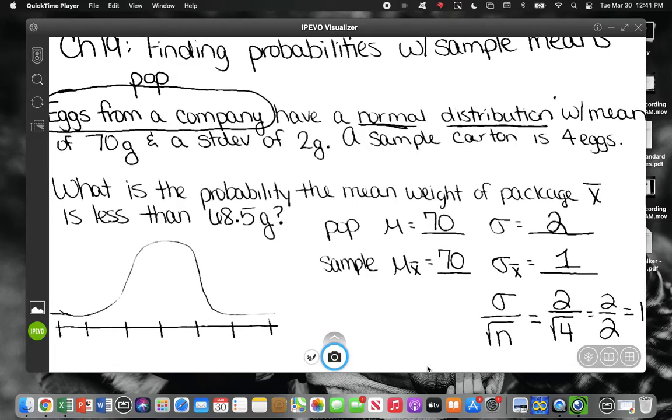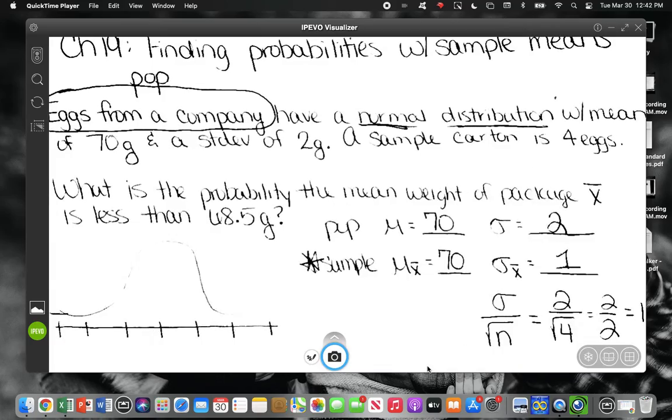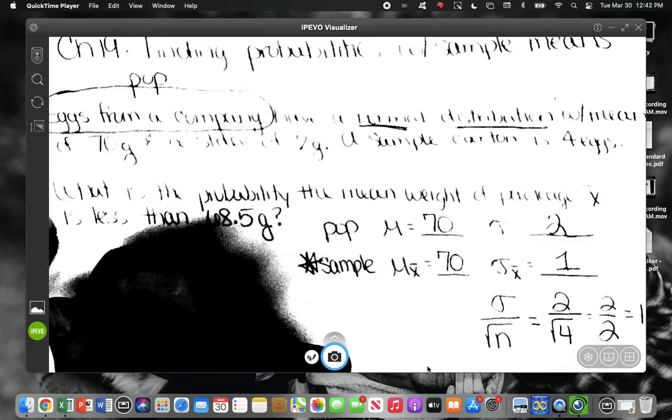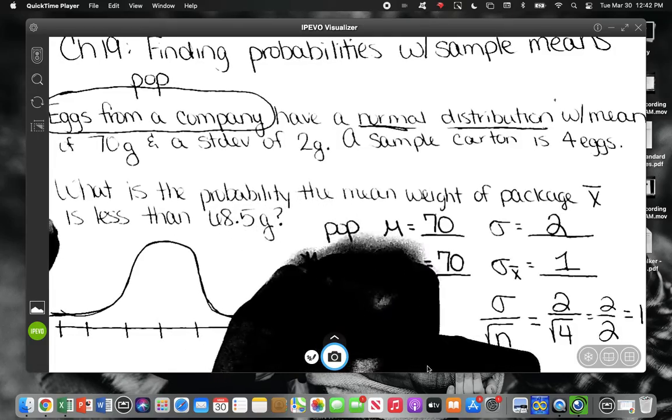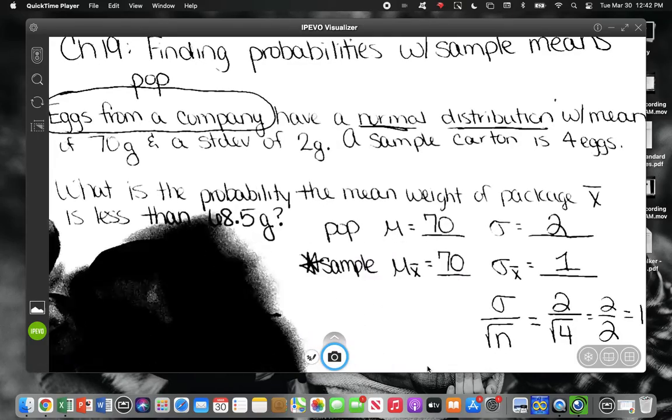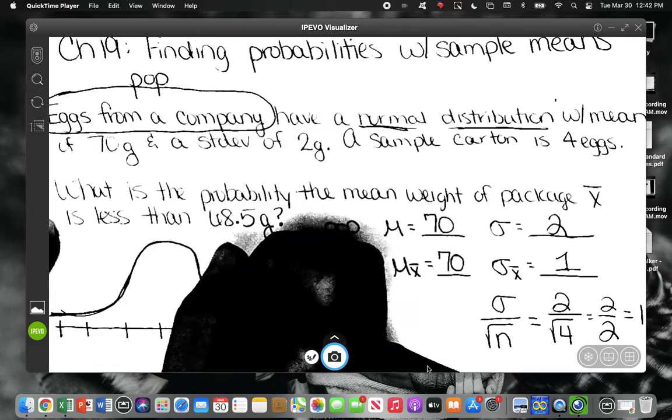So the standard deviation of the overall population is 2, but when you cut that down, it shortens it up a little bit. This information from the sample is what we're going to put in our graph, so we are able to draw our bell curve. I'm going to darken it up so it shows up a little better.